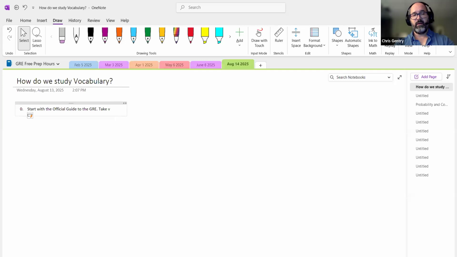Take every single page in every chapter that has sample verbal questions, reading comprehension, or text completion, or sentence equivalence, any verbal question, and scan those pages. Visually, I'm not talking about putting it in a scanner and making a copy. Just visually scan those pages.